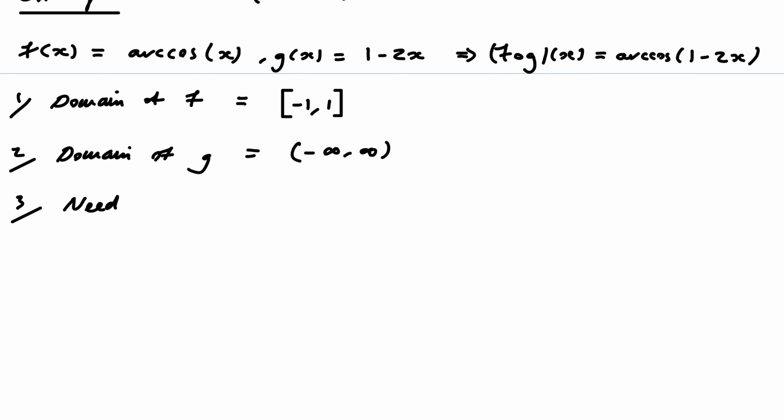So we need to find all x in the domain of g, so that's minus infinity to infinity, so no real requirements, such that 1 minus 2x is in the domain of f.